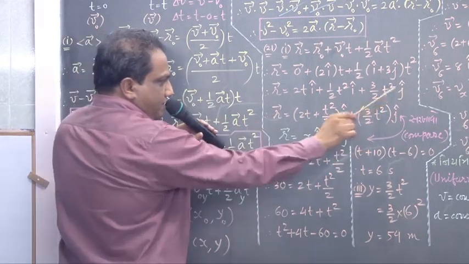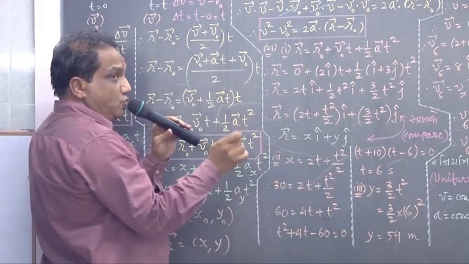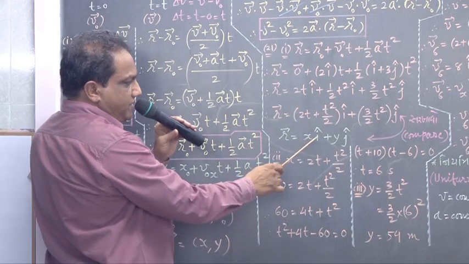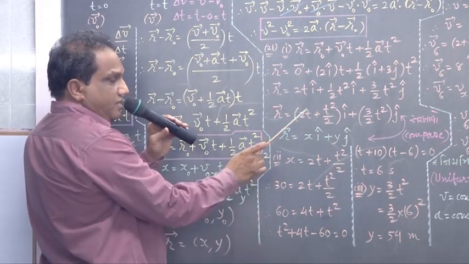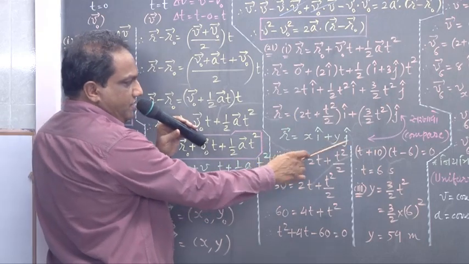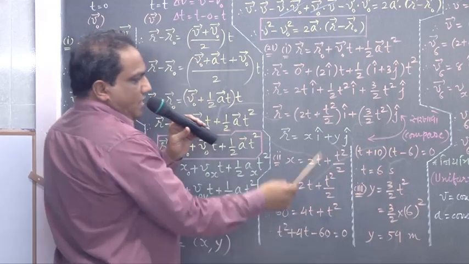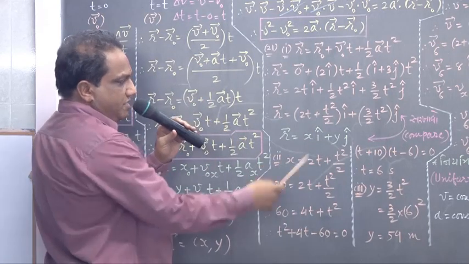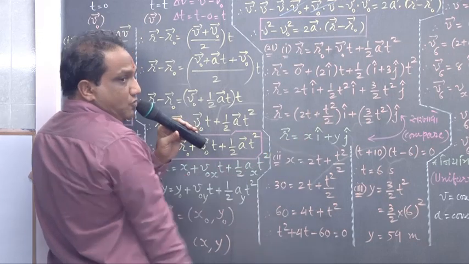Now just compare this equation with the general presentation of any vector in 2 dimensions. For a position vector we write x i hat plus y j hat. Compare these two. Comparing the coefficients of i hat: here it is x, and here it is 2t plus t square by 2.